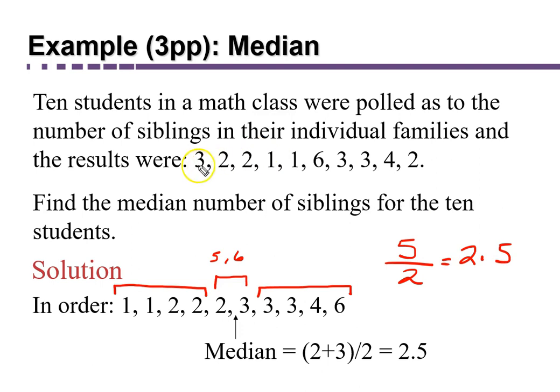So after ordering them, since it's even, we go to the middle 2 and take the average, the mean of that. So you'll notice this is the median. Our X bar for this group was 2.9. So it's somewhat close together.